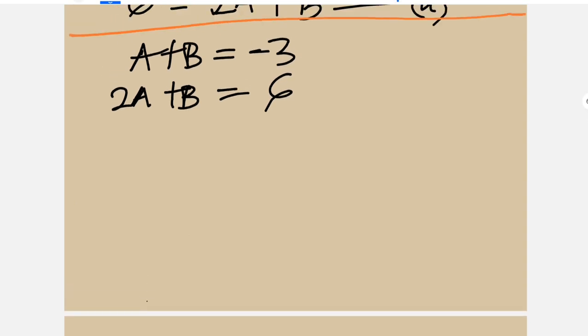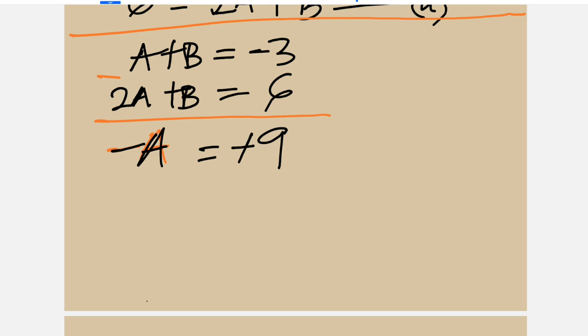So let's try to subtract from one equation to the other. In our subtraction, a minus 2a gives you minus a, which is equal to minus 3 minus 6, which gives you minus 9. So the minus will cancel minus. a is equal to 9.